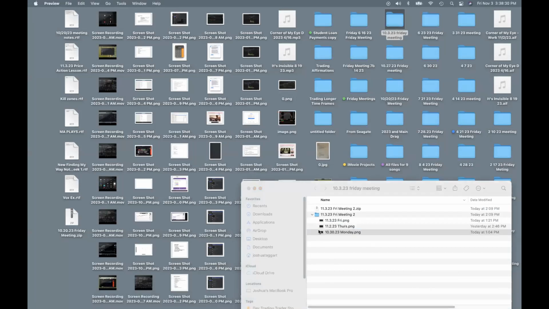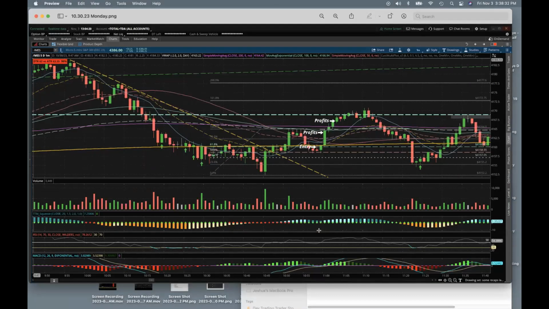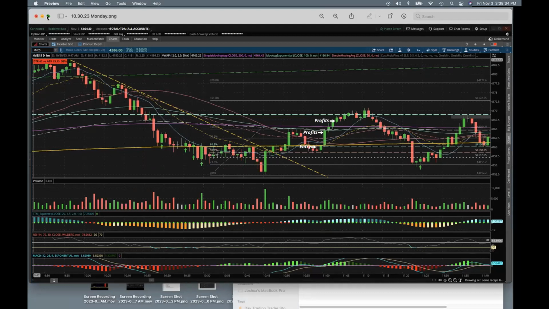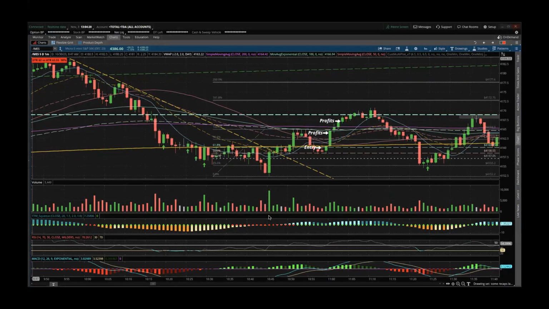I'm going to go back in time a little bit to Monday. I wanted to do that one first because it pertained more to the order block. But this one is also nice because it's more in line with my usual strategy. So yeah, nice trend line break, a little bit of consolidation.